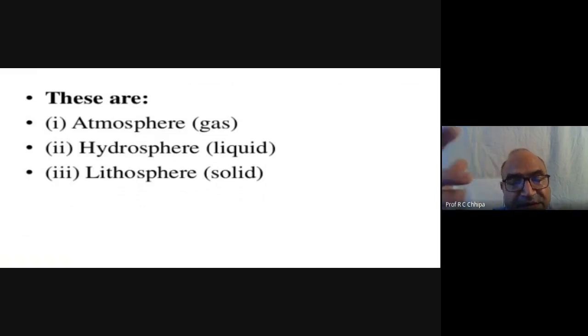Then we have different surface water, as well as percolated water present in the earth's crust, where rainwater percolates and goes to underground water. So underground and surface sources are part of the hydrosphere.